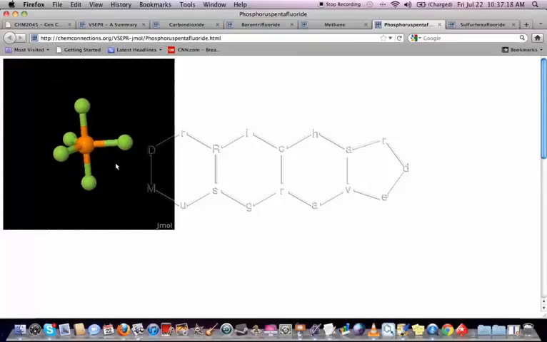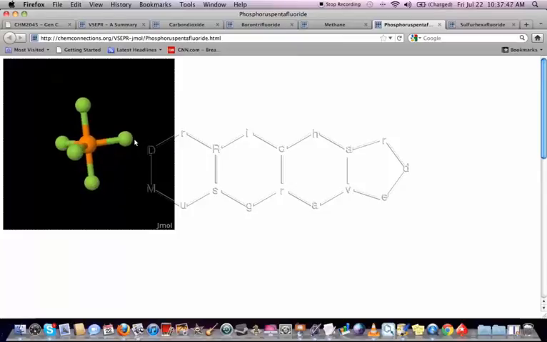The name trigonal bipyramid comes about because if you look at the four atoms here, they take on the shape of a triangular based pyramid. So there's your triangle on the bottom, and there's the tip of the pyramid right there. And it's a trigonal bipyramid because you've got a pyramid up here and a pyramid on the bottom. So that's where the name comes in.